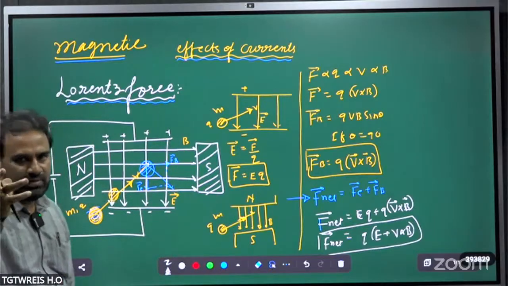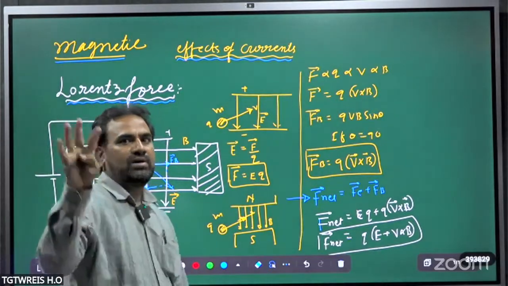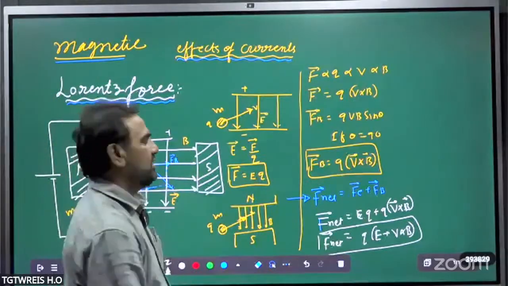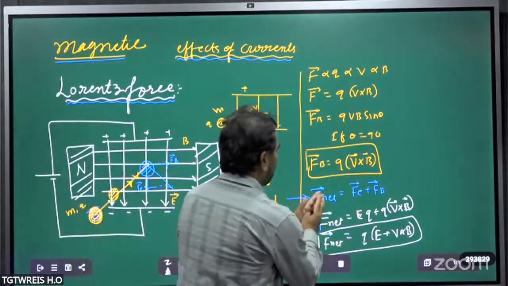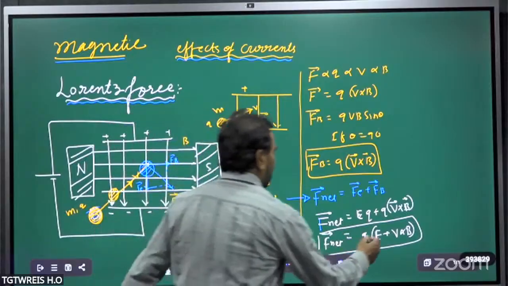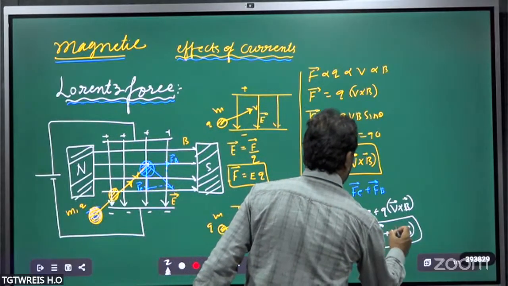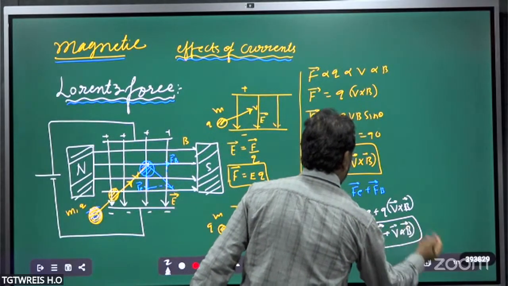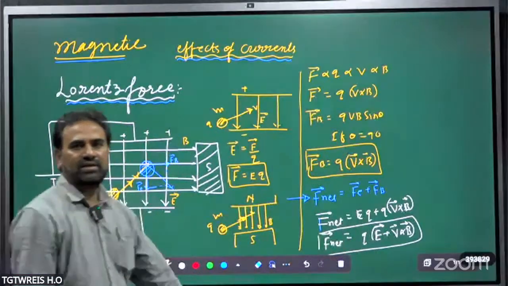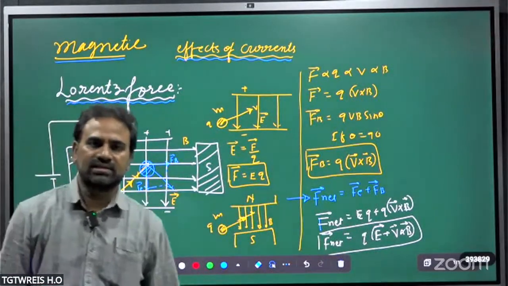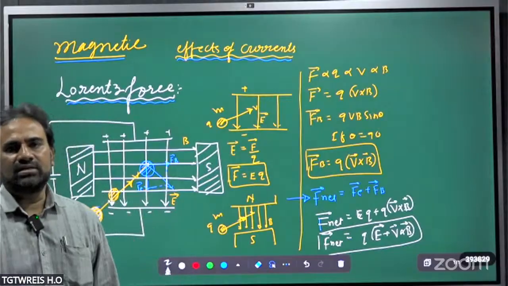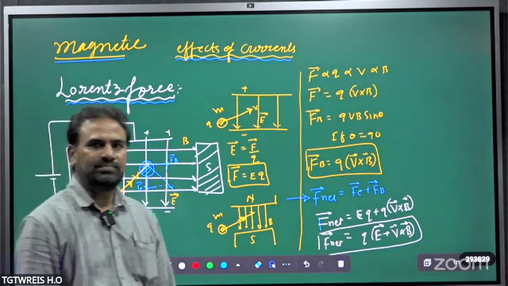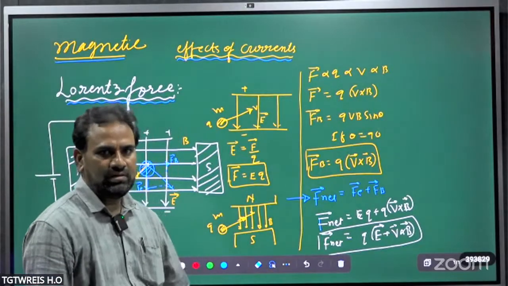The sum of the two forces is given by F net equals Q into E plus V cross B, where E is the intensity of the electric field, B is the magnetic field, and V is the velocity. Is it clear?